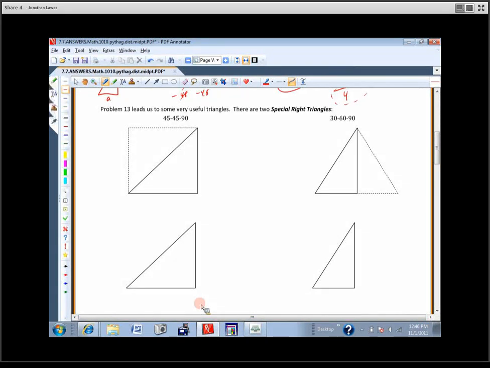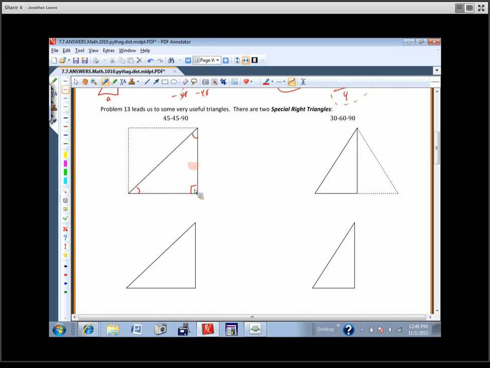Okay, so let's run through it this way. There are lots of different ways of describing these, but a 45, 45, 90 is basically half a square. If you've got a square and you draw a diagonal right down the middle of it, this used to be a 90-degree angle right here, same with this one up here, but because we draw this diagonal, that angle is equal to that angle, and this right here is a 90-degree angle.